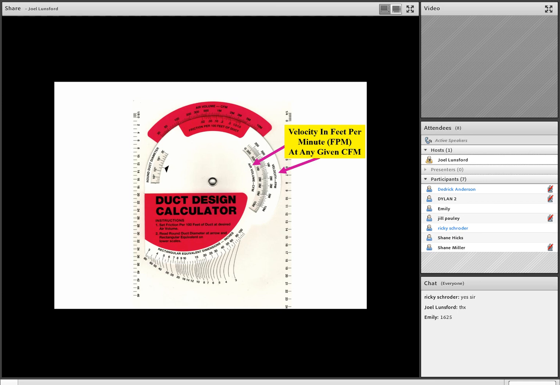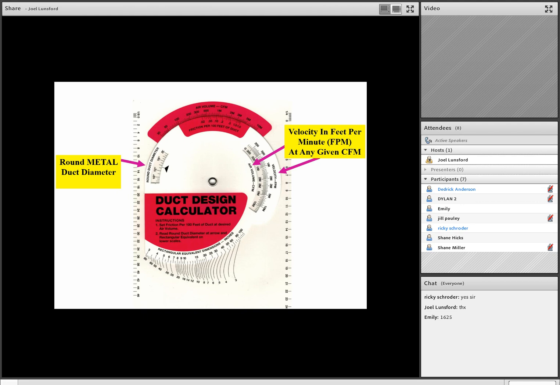If you line up any given target velocity and any desired air volume in CFM, and move to the opposite side of the duct calculator, it will tell you what size round metal duct will provide that air volume in CFM at any given velocity.